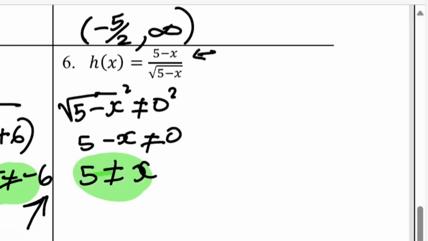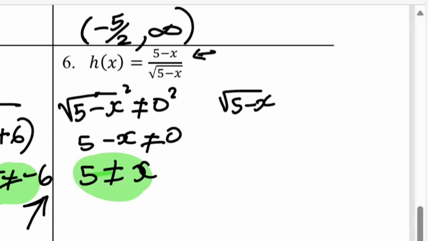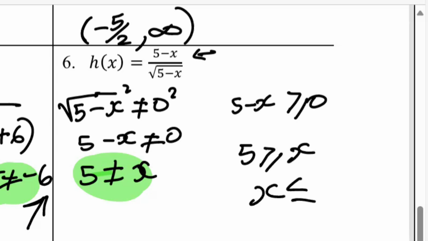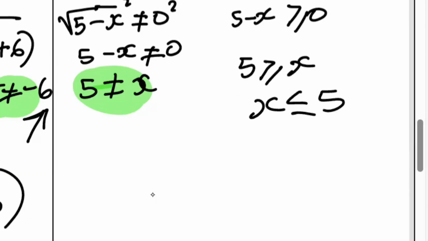Also, this same part here, because it's under the square root, we're saying that this part right there has to be greater than or equal to 0. So if we solve this, we're saying that 5 has to be greater than or equal to x, or you could say x is less than or equal to 5, right?